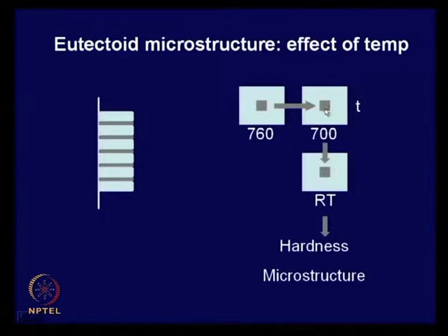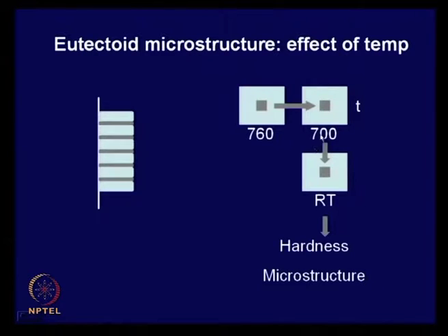And then we monitor the time. After keeping it for a time t, we transfer it to another bath at room temperature. Maybe we quench it in water, and then we measure hardness, and we polish the sample and etch and look at the microstructure.